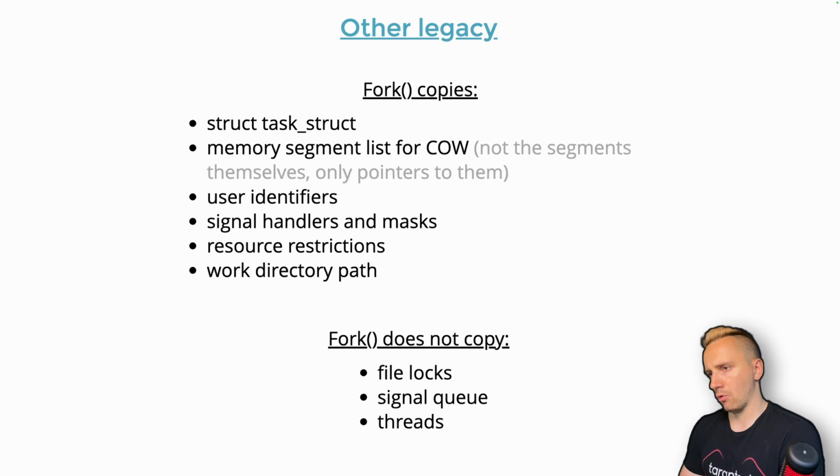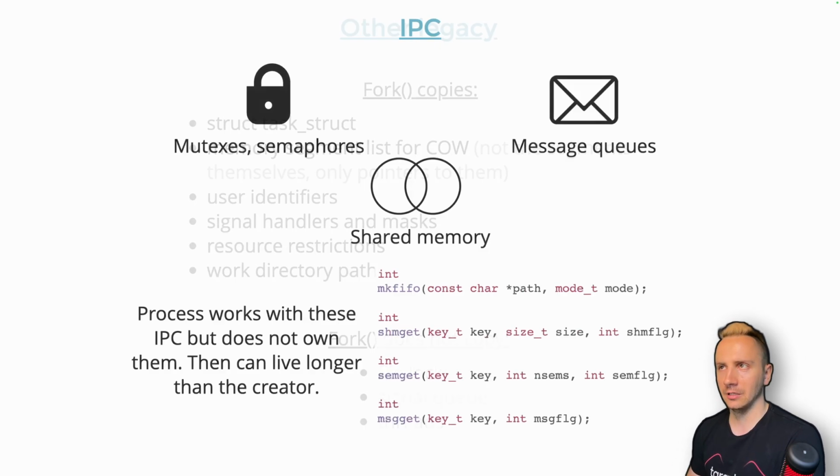Fork will not copy file locks. We will see that in the lecture about file systems and advanced I/O. Also the signal queue, we will see at the signals lecture, and threads, we will see at the threads lecture. Not much we can say otherwise right now.